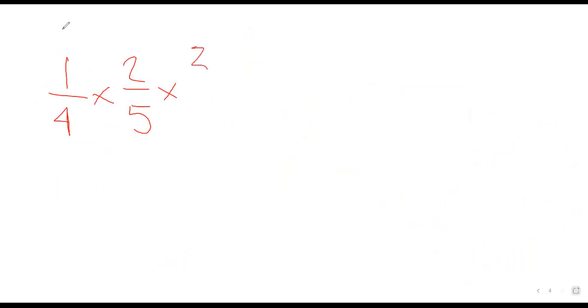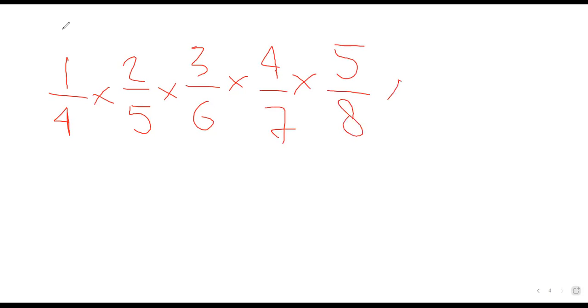Okay, then you can see clearly what I am doing. 3 over 6, then 4 over 7. All the fractions are multiplying. And 3 more: 5 over 8, and the next one is 6 over 9. The last one is 7 over 10.